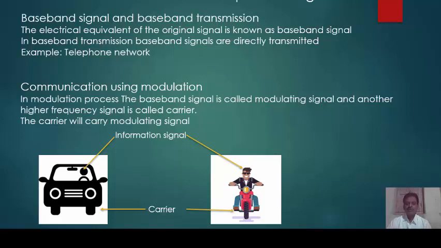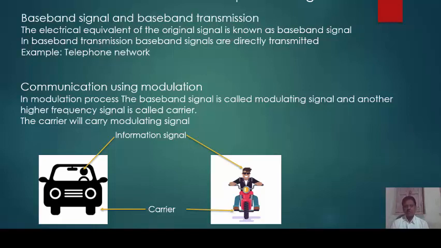When we convert the sound signal into its electrical signal, then that electrical equivalent of the sound signal is known as the baseband signal. The baseband signal can be transmitted as it is once converted into electrical form, and when the baseband signal is transmitted directly, that type of transmission is known as baseband transmission.